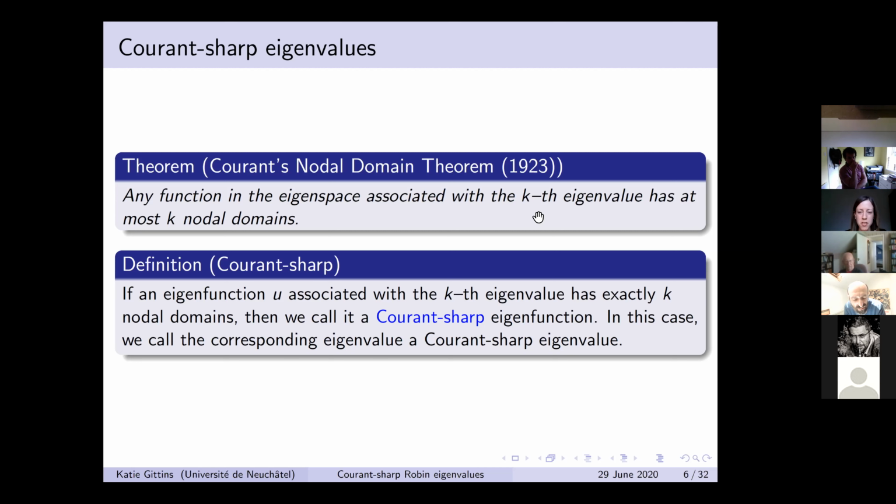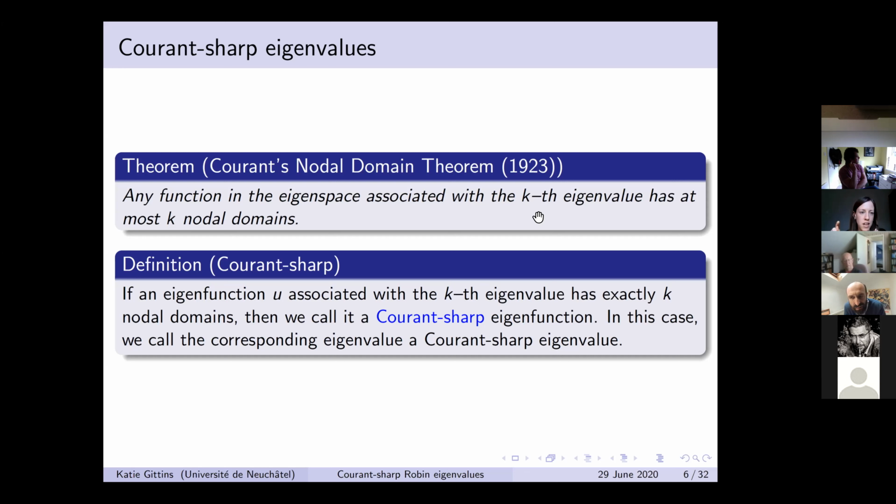And while I'm here, maybe just as a side remark, there is another motivation for studying the Courant-sharp eigenfunctions coming from spectral geometry, from the area of spectral minimal partitions, where you take your domain omega, partition it into, let's take k subdomains, and on each one of those you consider the Dirichlet boundary condition.